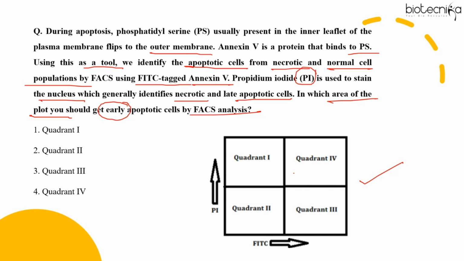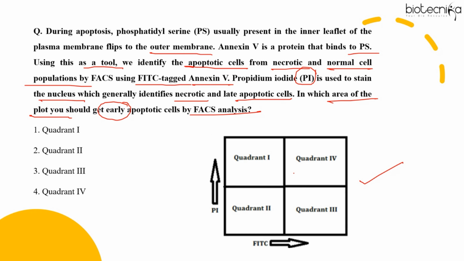So FACS is fluorescence activated cell sorting. It's an advancement in conventional flow cytometry technique. Usually we use flow cytometry to identify a particular cell by using a marker, that is an antigen on its cell surface. We can even determine the size and granularity, so we can identify cells based on multiple parameters.